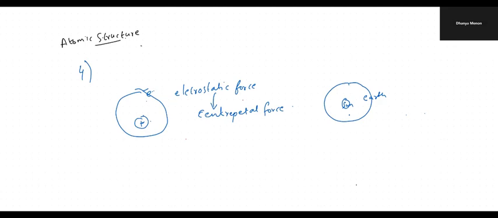So Fe, the electrostatic force, provides the necessary centripetal force for the electrons to revolve. That's why the electron does not fall down into the nucleus. Okay, now moving on further.